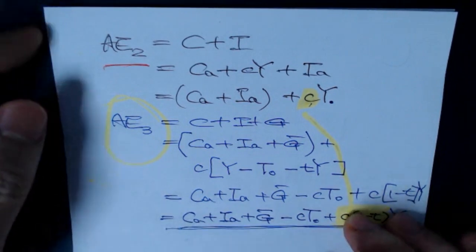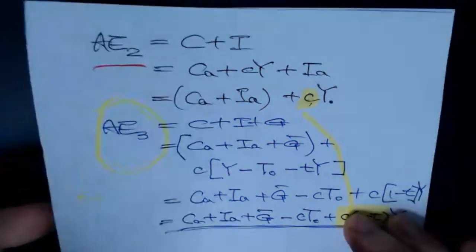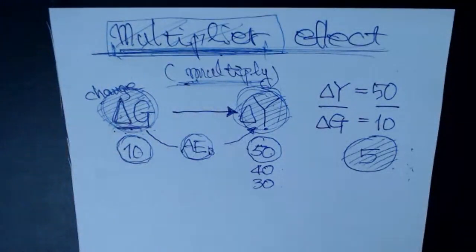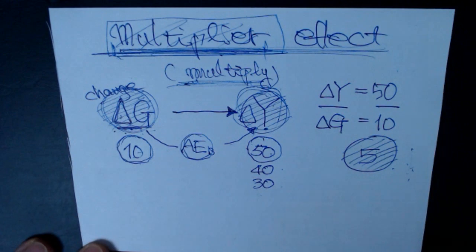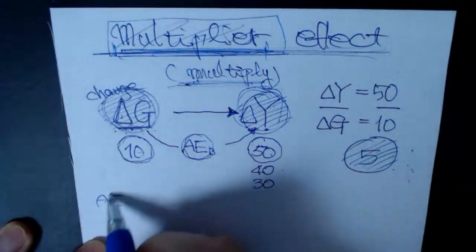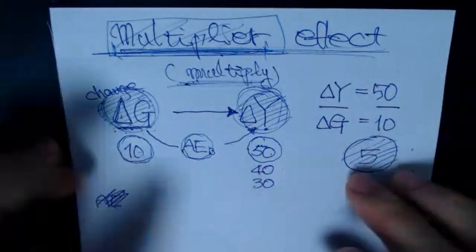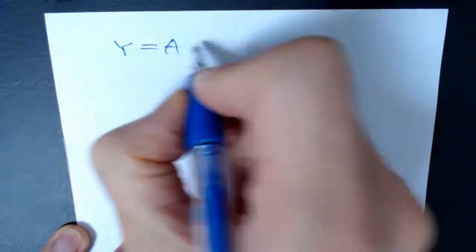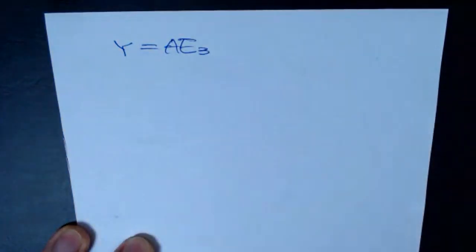Okay, so let me make you a bit confused. Now it's better to write on the new paper. So I am writing the equilibrium condition in the 3-sector model. The equilibrium condition is Y equals AE3.